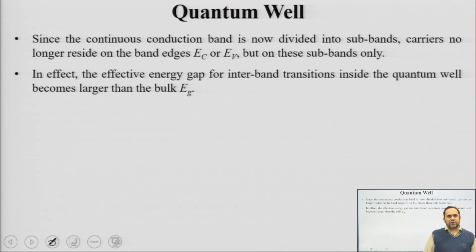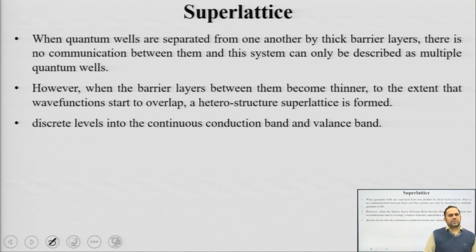This definition of the forbidden energy band gap inside this kind of heterojunction, the quantum well, starts to lose some relevance. The effective energy gap for these interband transitions becomes larger than the bulk energy band gap. So, that was the concept of a quantum well.